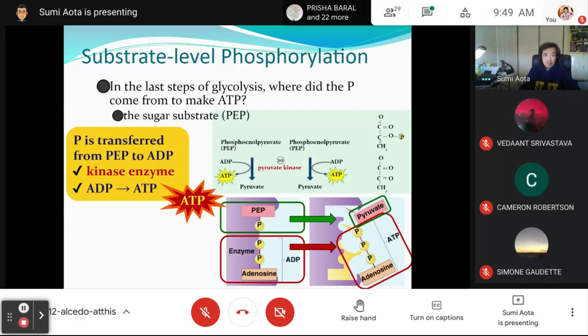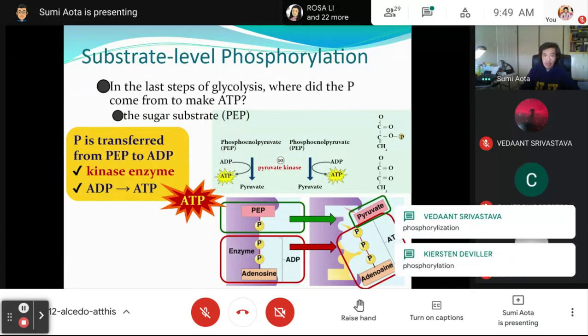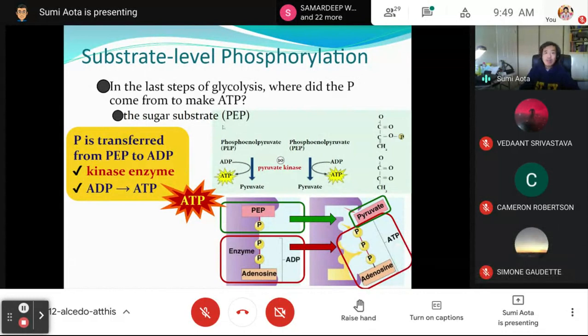what do we call transfer of phosphates? What kind of chemical reaction is a transfer of phosphate? Yeah, so there's the phosphorylation part of the name. What did we use to transfer the phosphate? We used an enzyme and a substrate. So this is a substrate level phosphorylation.